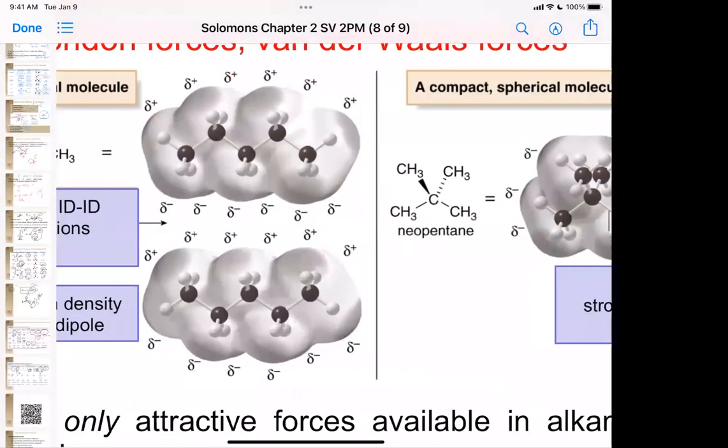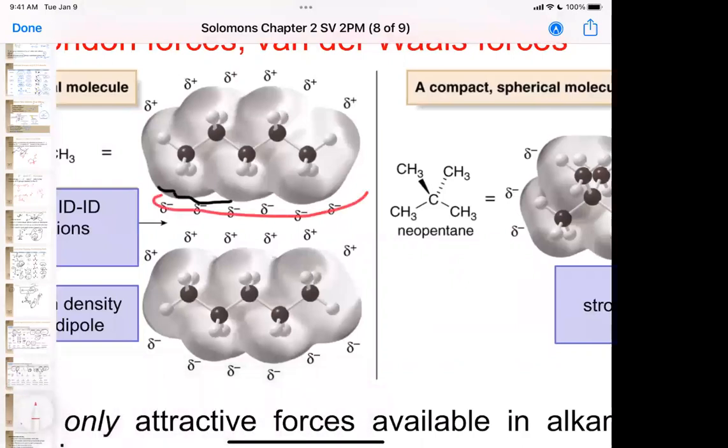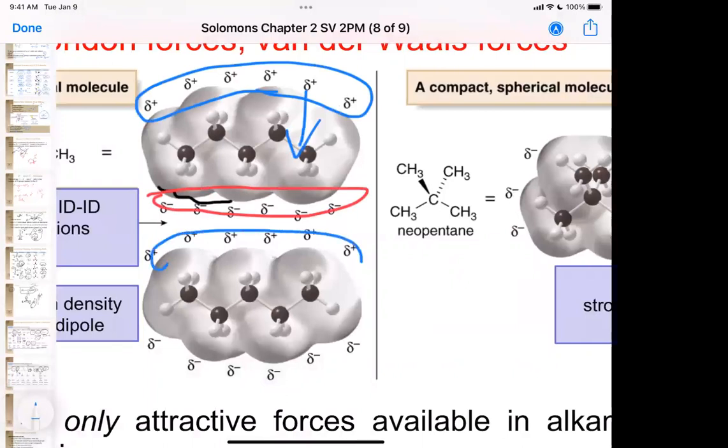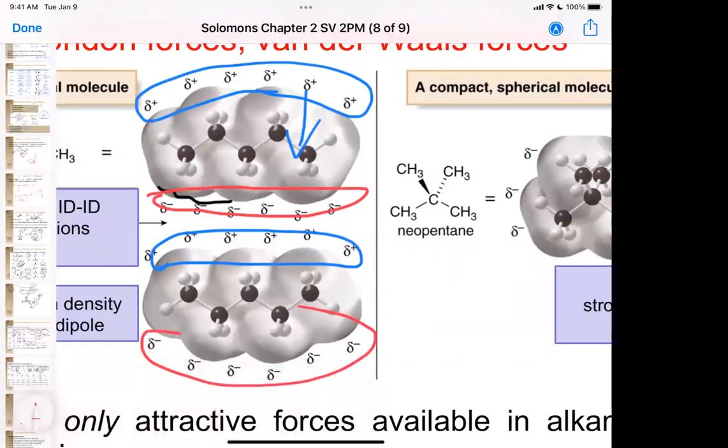So if we look at that in this section here with these pentanes, we're getting a little bit of negative over here. And I'll denote that as this red section here. And that means the other side is slightly positive because those electrons have been moved to this side, right? Now the neighboring molecule wants the opposite charge to be attracted to that side of the molecule.